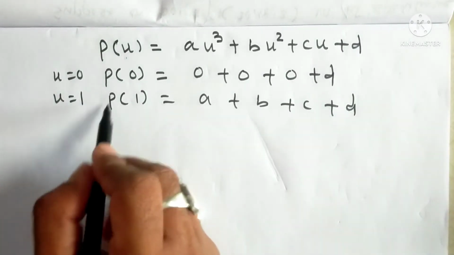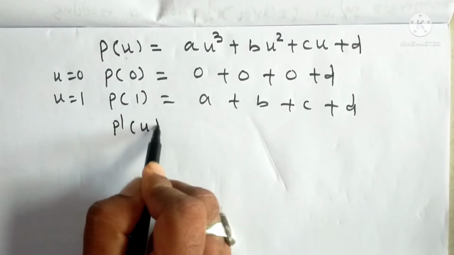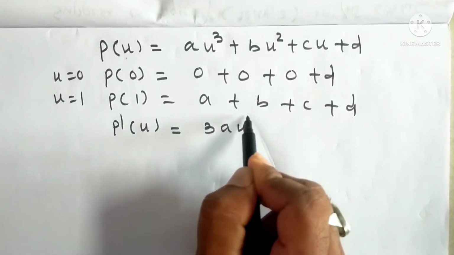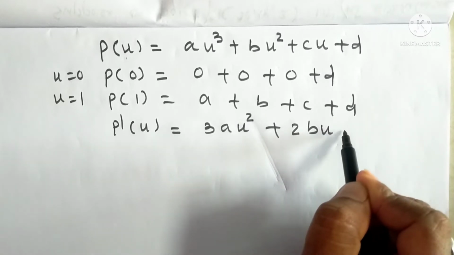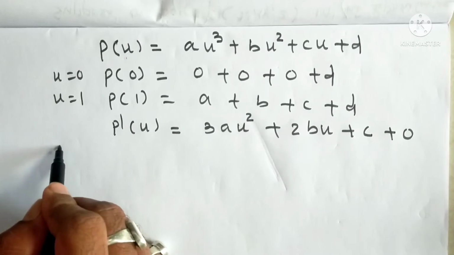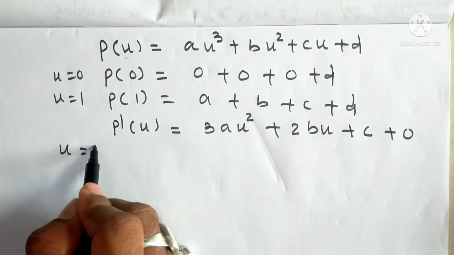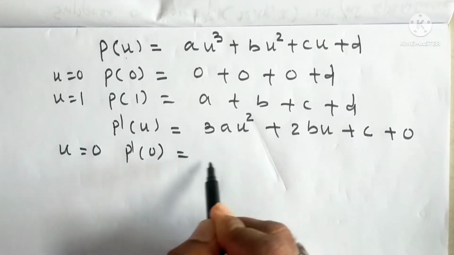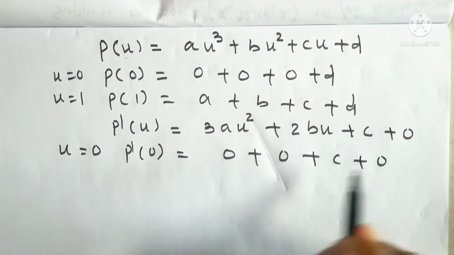Now take the first derivative, that is P dash u. How much will it be? 3a u to the power 2, plus 2b u to the power 1, plus c, plus 0. Now if you find the value of P dash 0, you set the value of u as 0, so P dash 0 I can write as 0 plus 0 plus c plus 0.